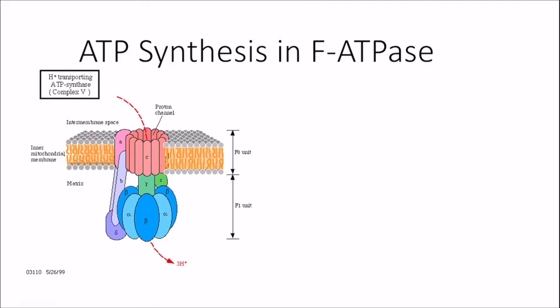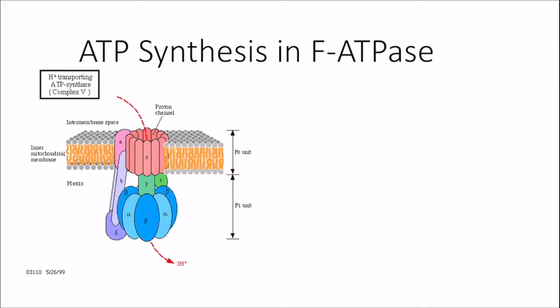So the ATP synthase complex uses the proton electrochemical gradient that was established to synthesize ATP. The ATP synthase has two regions, the F0 region, which is right here, and the F1 region right here. The F1 region is the catalytic region of the complex, and this is where the formation of ATP occurs.